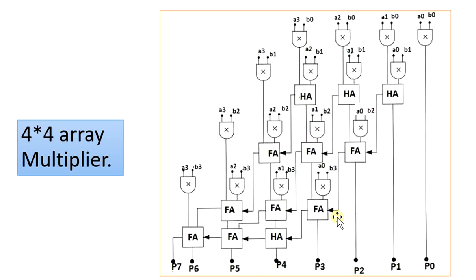But before going to the 2x2 multiplier, we need to see how a 3x3 multiplier will be implemented. For a 3x3 multiplier, we need to multiply two numbers having a bit size of 3, and the bit size of the product will be equal to 6.